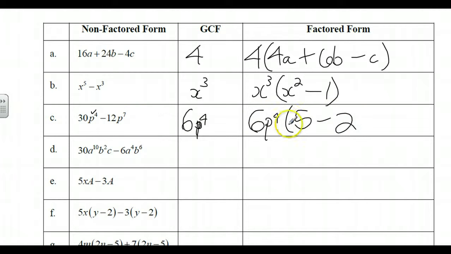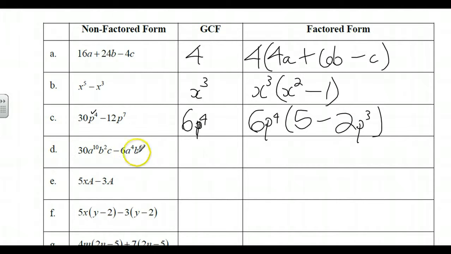I need a p to the 7th. 7 minus 4 is 3, so that's a p cubed. Right, you multiply this back out. Every time you factor, you check. Check 2 things. Number 1, is there anything in here? Are these both divisible by the same thing? Do they each have a p? No. 5 and 2? No, they're not. They're both prime. Okay, 30p to the 4th minus 12p to the 7th. Yes.